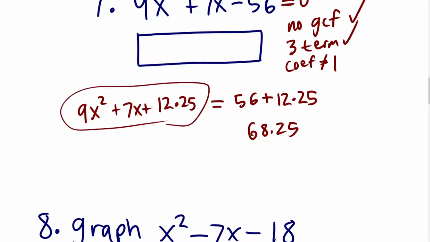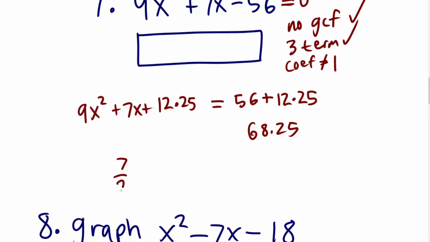That will give us 68.25. What we can actually do is take that 7 over 2, and that will be an important thing for us. The nifty thing here is if you do 9 times 12.25, a lot of times you'll have a lot nicer numbers to work with.